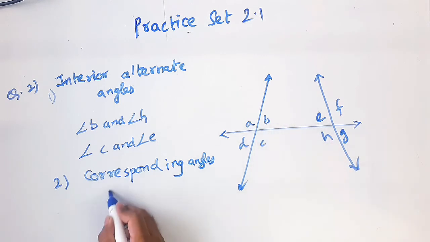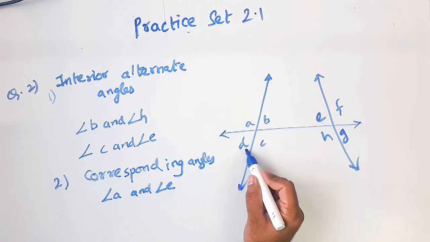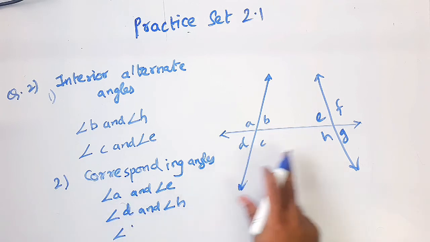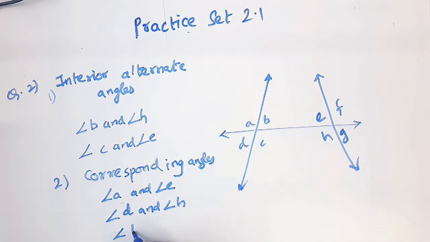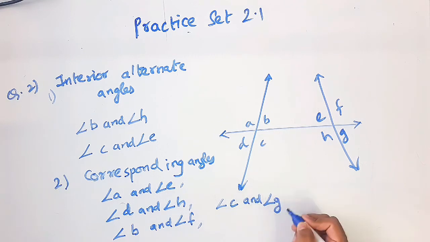So angle A and angle E, then angle D and angle H, I beg your pardon, angle D with angle H, and then we have angle B and angle F. And lastly we have angle G with angle C. Okay, angle C and angle G.